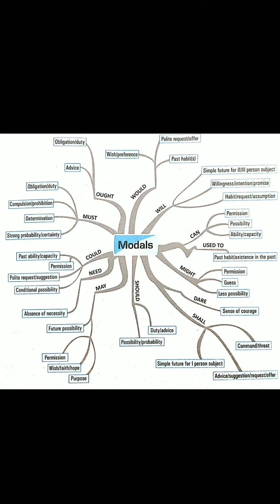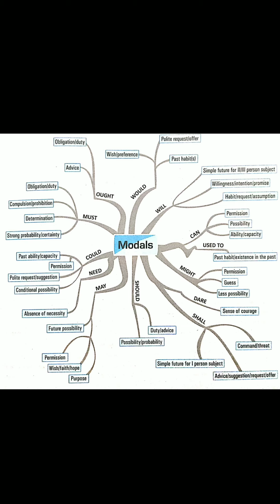Then can, for possibility, permission, ability, capacity, then we can use can. Then if we want to talk about willingness, intention, promise, habit, request, assumption, or if we are talking about simple future for second or third person in subject, then we can use will.